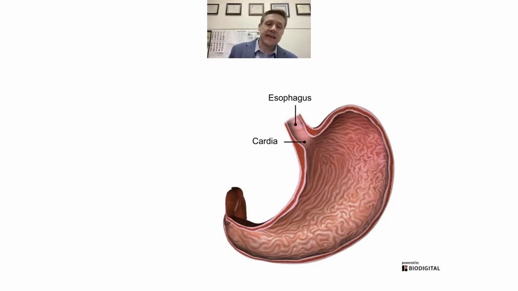So at the beginning and end, we have some specialized tissue to neutralize things, which helps in conjunction with the lower esophageal sphincter in this situation to protect the esophagus from acid.